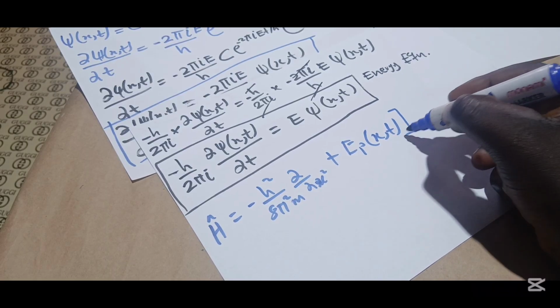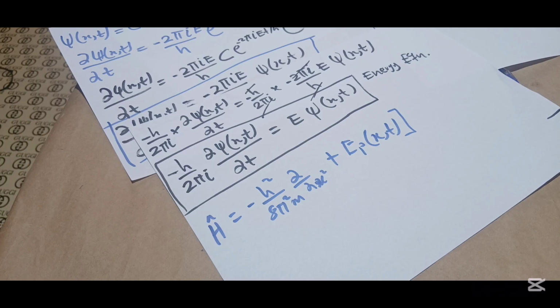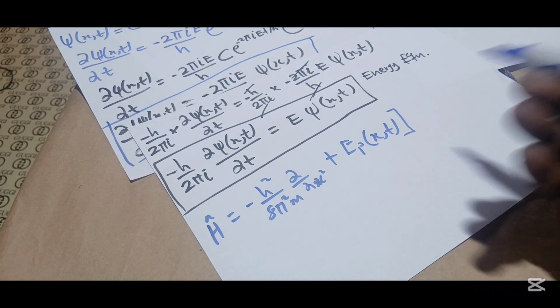The Hamiltonian operator is the total energy of the system, which incorporates the kinetic energy of the system, or the electron or whatever we are dealing with, and the potential energy exerted on that system by gravity or electric field. And this is the potential energy part.